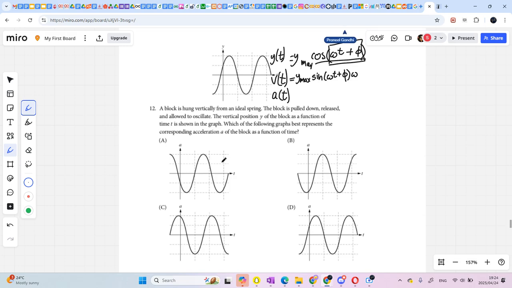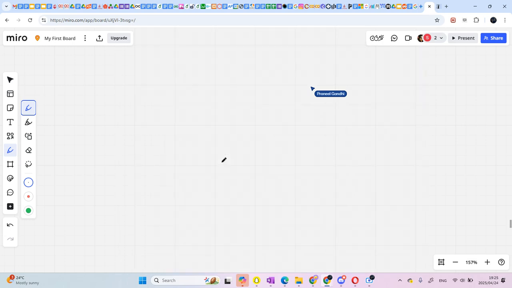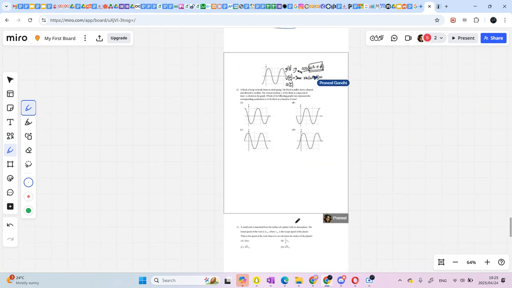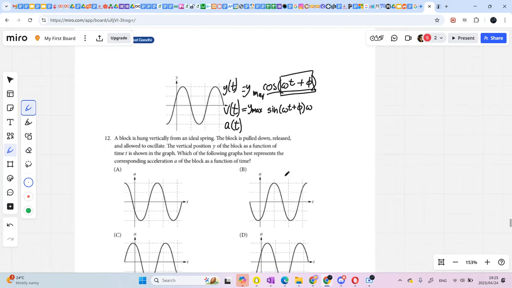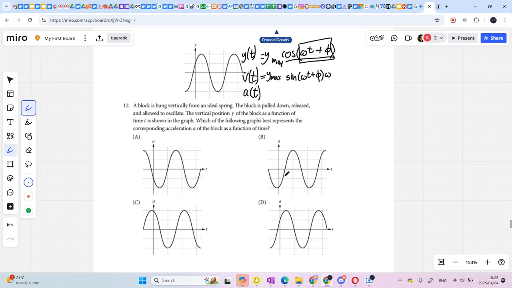Oh wait, sorry, the derivative of cosine is negative sine. So we have negative y max omega times the sine of omega t plus phi.